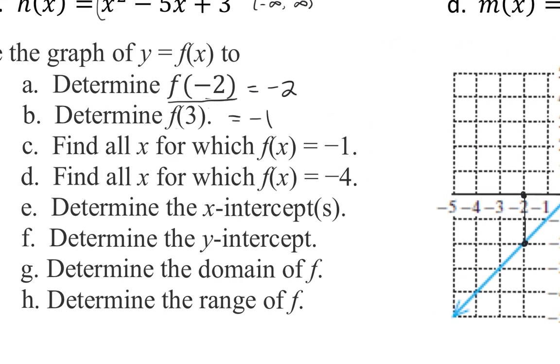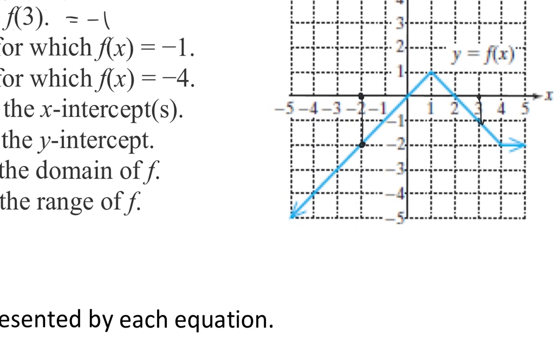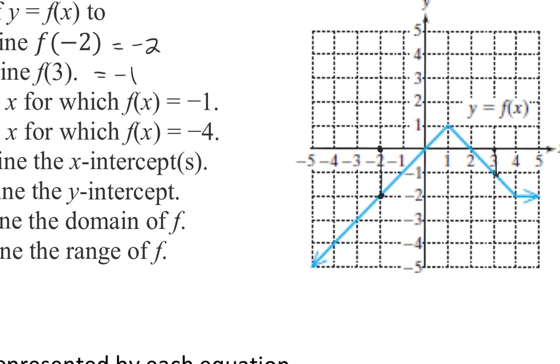On to the next one, we want to determine all x for which f of x is equal to negative 1. So this is going to take kind of an opposite approach to what we just did. We want to look at a y value and determine all the x values that fit that. So here, we're looking at f of x being equal to negative 1.